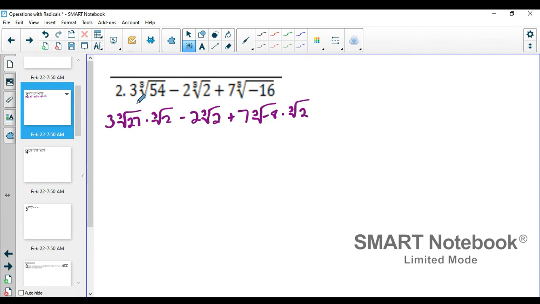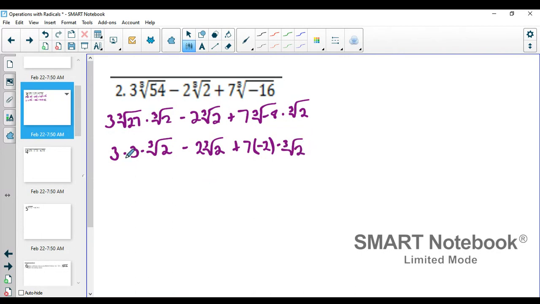The cube root of 27 is 3, so we have 3 times the cube root of 2 minus 2 cube root of 2. And the cube root of negative 8 is negative 2, so we have 7 times negative 2 times the cube root of 2.